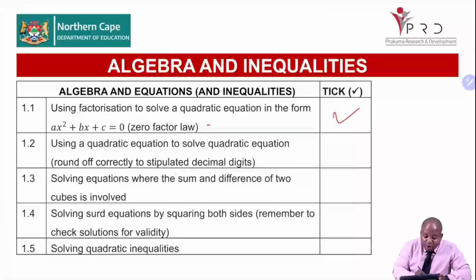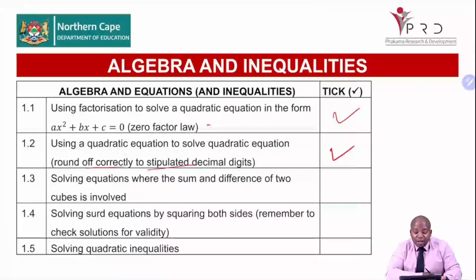And remember to round off correctly to the stipulated decimal digits. It is mostly stipulated that we go to 2, but it's not always the case. It can change. So we are going to check ourselves to see if we have enough skills to work around that quadratic equation.